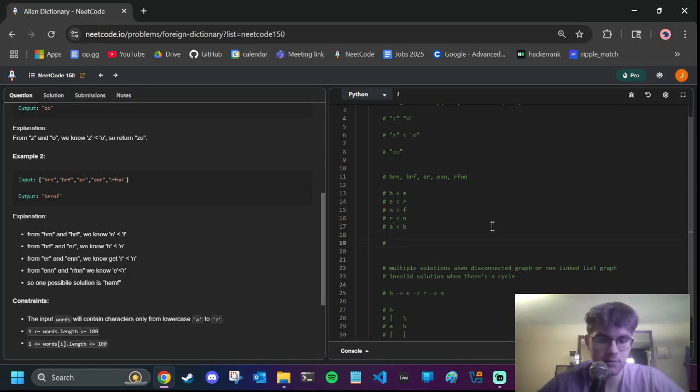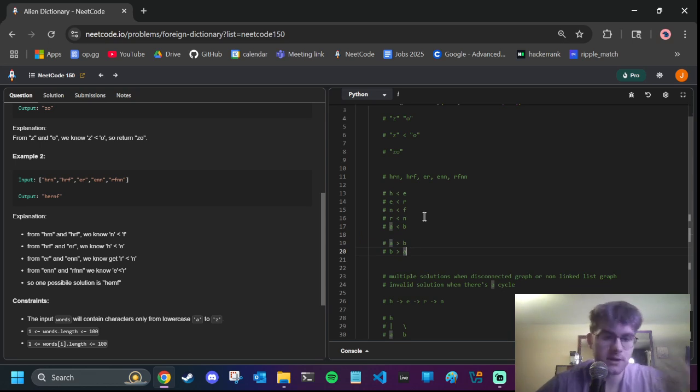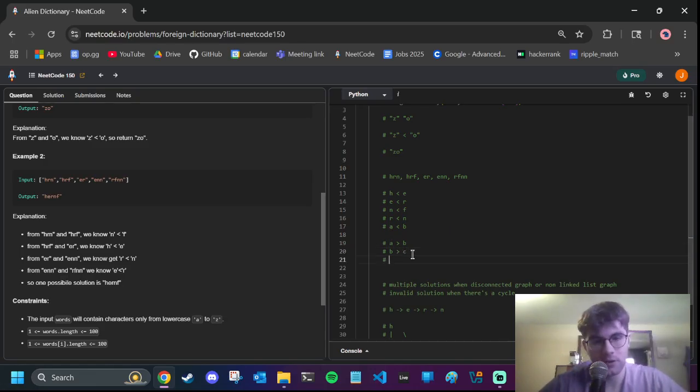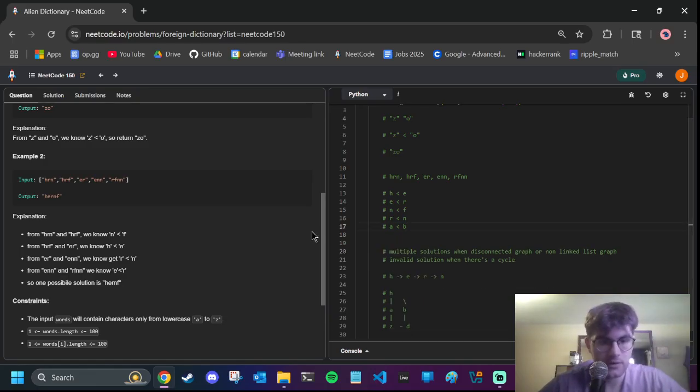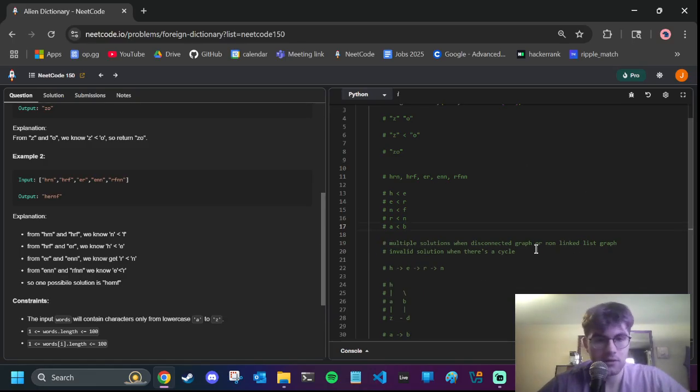I think that's correct, because if A is bigger than B and B is bigger than A, then that's not possible. And if you were to graphically represent that, it would look like a cycle. Even if you add in another element, it still would not make sense because B can't be bigger than C if C is bigger than A. So if there's a cycle, then you know it's invalid.